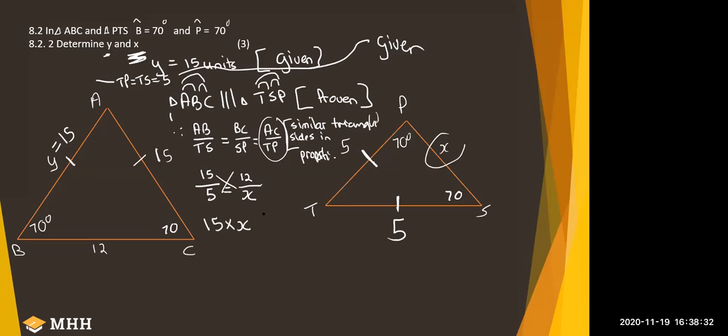So 15 times X will be equal to 5 times 12. And X, therefore, will be equal to 4 units. All right. Happy?